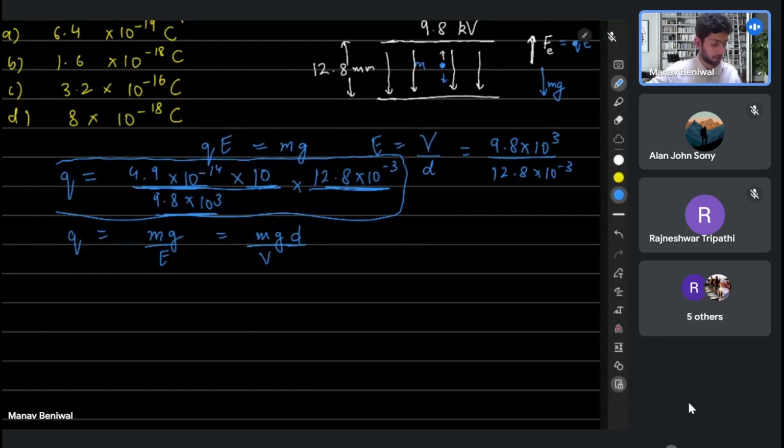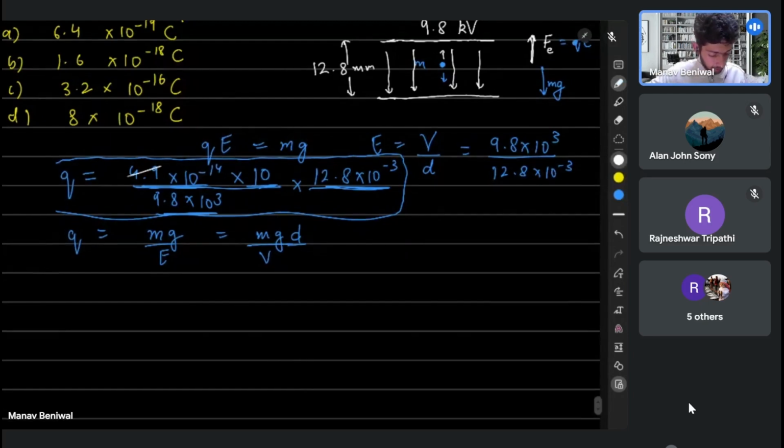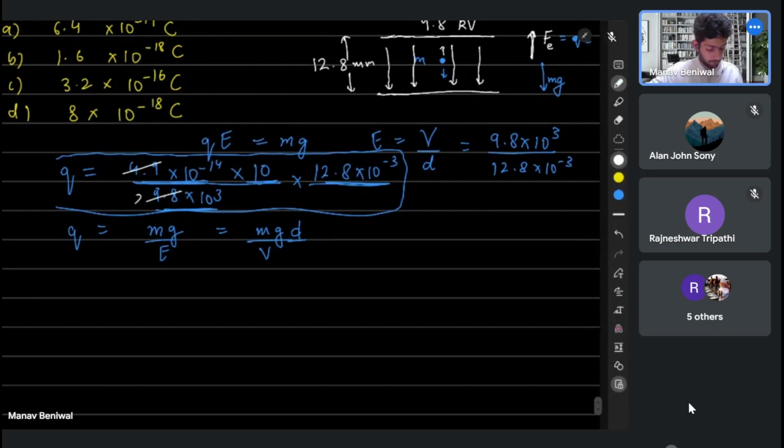Okay, so now we can solve this. You can notice straight away that this term will cancel out to give you 2, and if the 2 cancels out, this will give you 6.4.